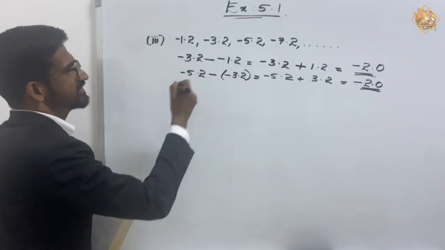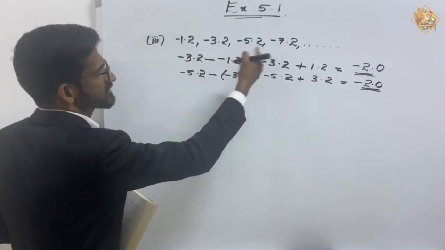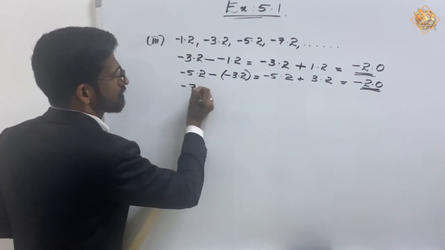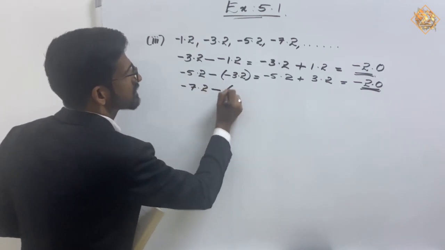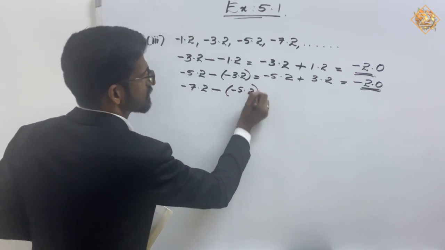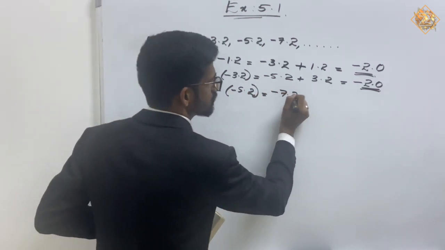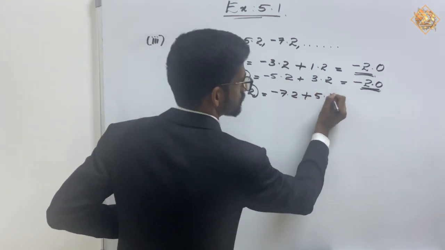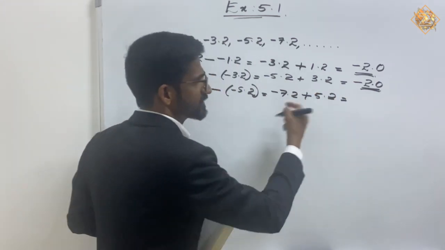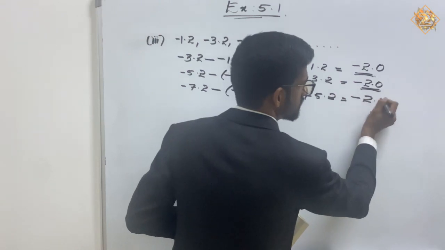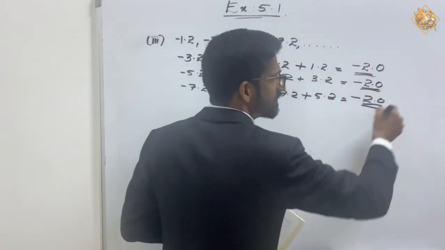Okay, now to get the next difference between the successive terms, from the fourth term we will subtract the third term, isn't it? That is minus 7.2 minus minus 5.2, which becomes minus 7.2 plus 5.2. Again when we subtract, we will be getting minus 2 as the answer. So we are getting a fixed number.